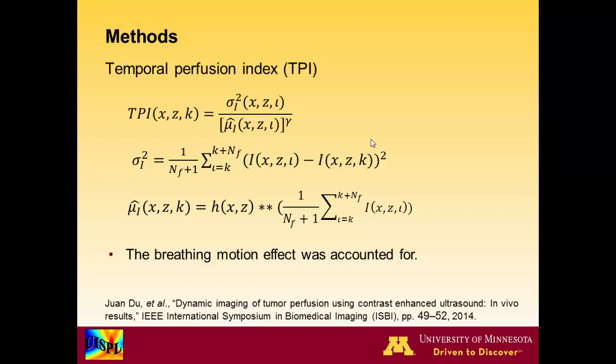Even though we apply a special moving average filter, the variance is computed on a pixel-wise basis, so there is no sacrifice of spatial resolution. And for the results I'm going to show here, the breathing motion effect will be accounted for.